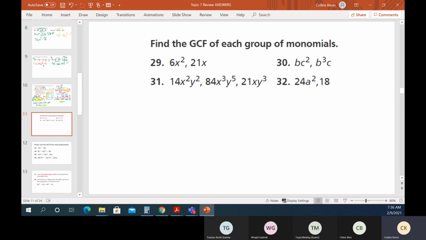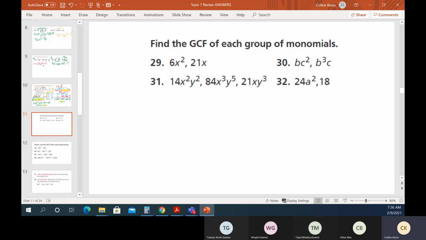So let's look at this, 6 and 21. What's the biggest number that'll divide both into 6 and both into 21? Yeah, first thing you always want to look at is, can I just take 6 and divide it into 21?